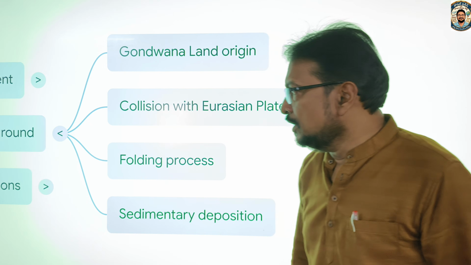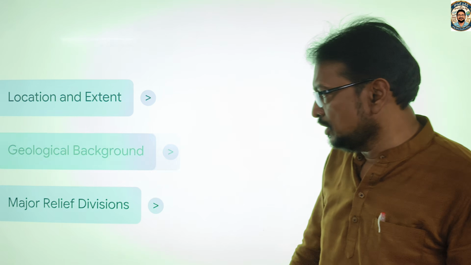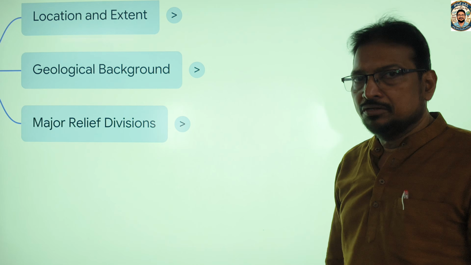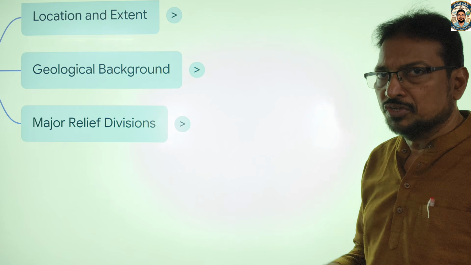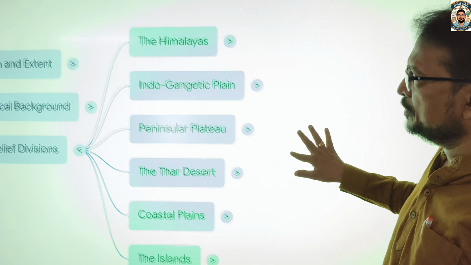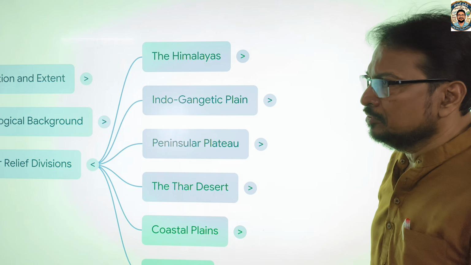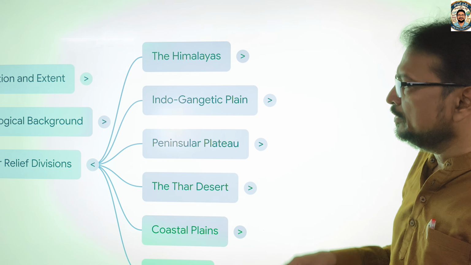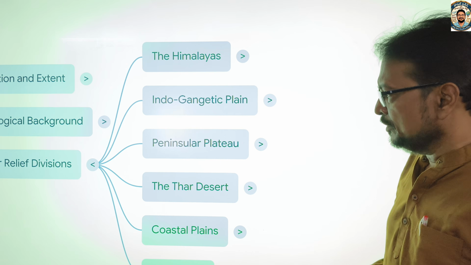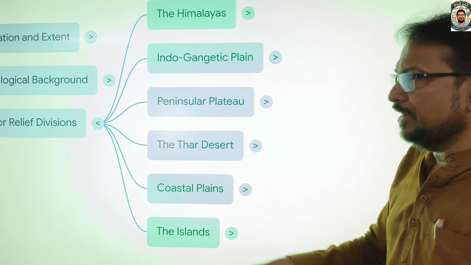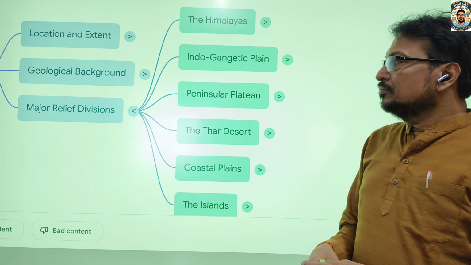Next, the important thing for the total lesson, that is the major relief divisions. Total 6 relief features are there for India. Those 6 we are going to learn one by one in this lesson. First, the Himalayas, a major relief feature. Next, the Indo-Gangetic plain. Next one is the Peninsular Plateau. Next, the Thar Desert. Next, coastal plains, and finally islands.